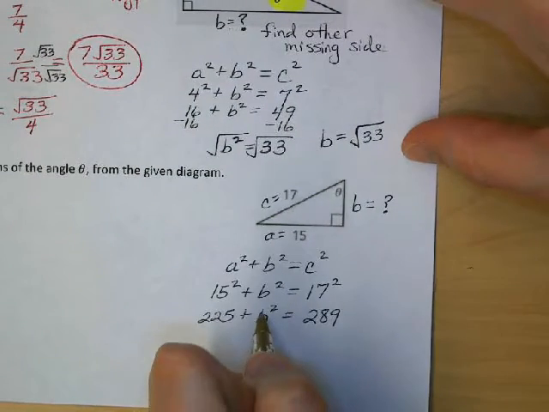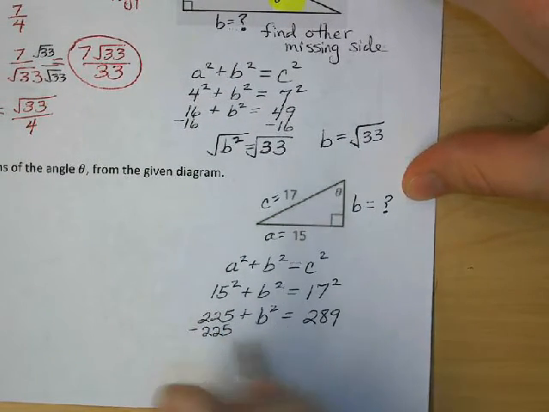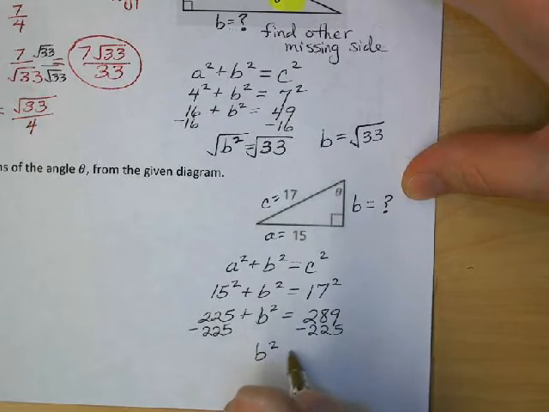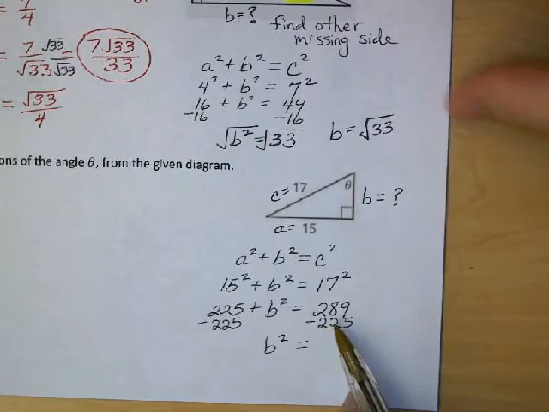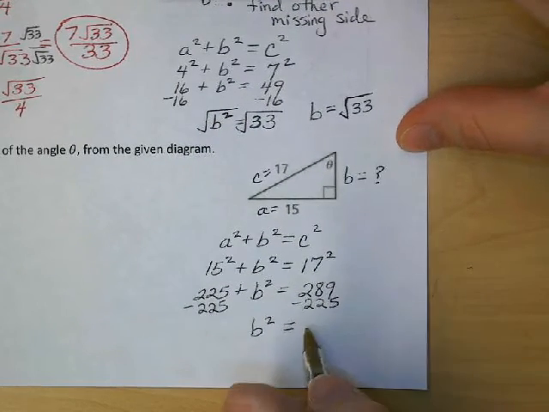So you're going to have to subtract 225 from 289 and try to figure out what b equals. So 289 minus 225, if I subtract those two numbers, I get 64.